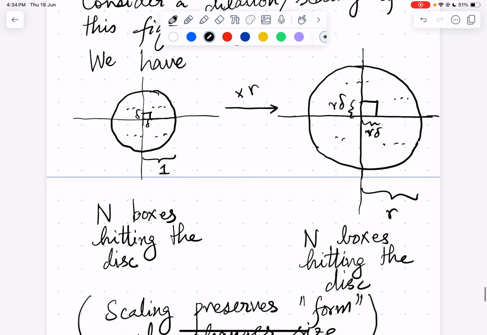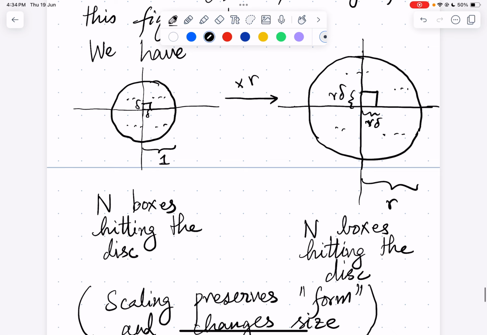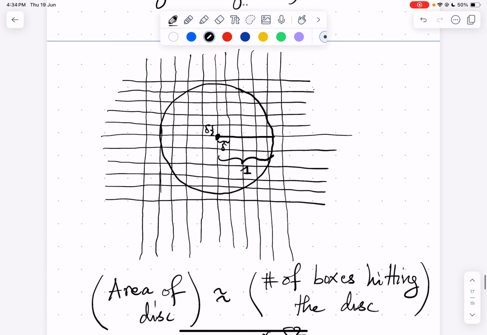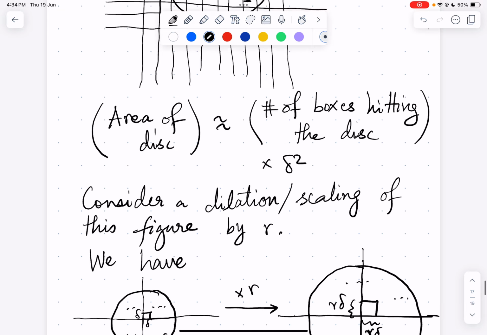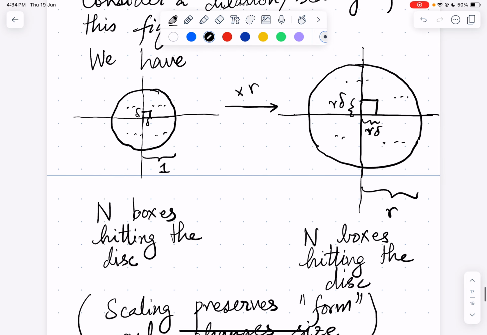The sizes change, but if there are n boxes hitting the disk in the original picture, you will still have n boxes hitting the disk in the scaled picture. First we considered a unit disk, approximated it by small boxes of side length delta, and then scaled that picture and got this new picture.